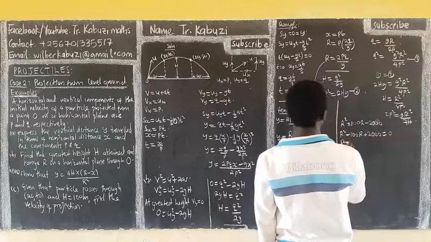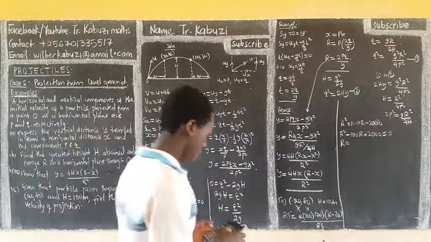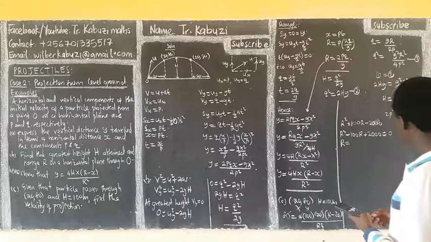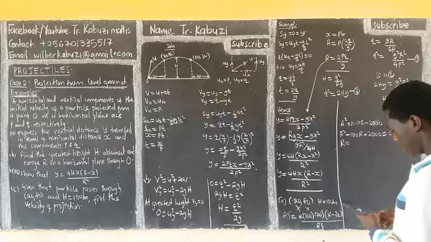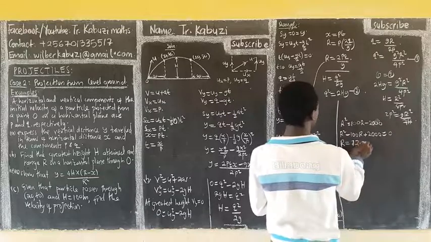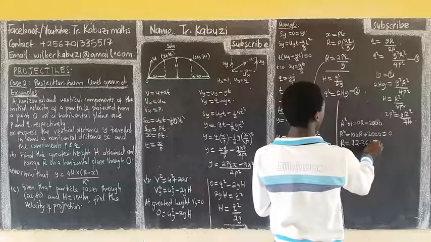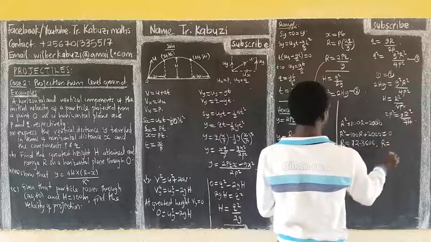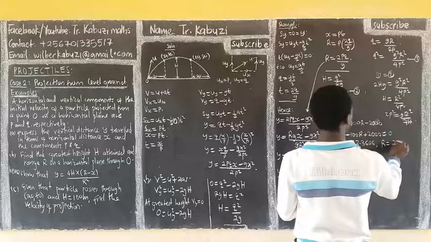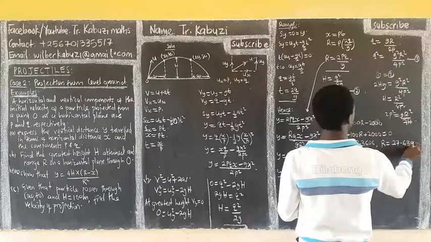So when you put this on a calculator, you get the first r as 72.3606, and the second r as 27.6393.